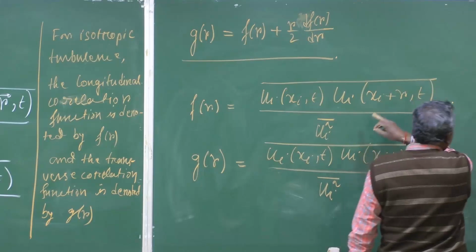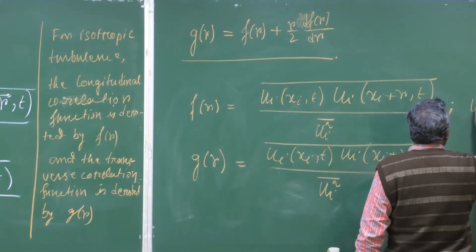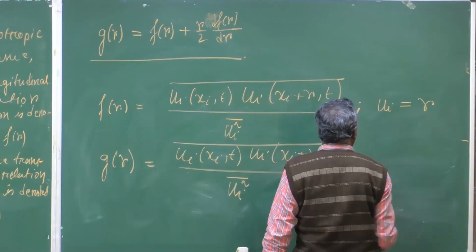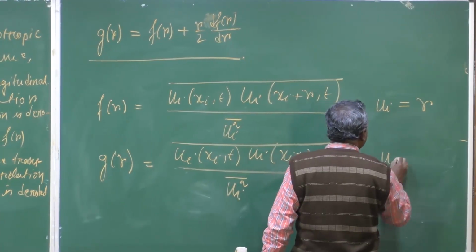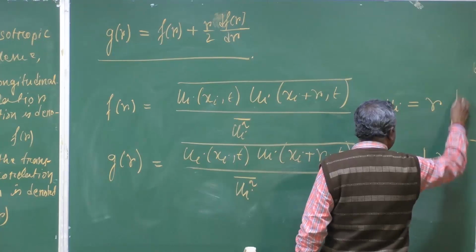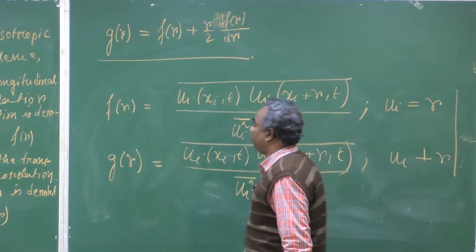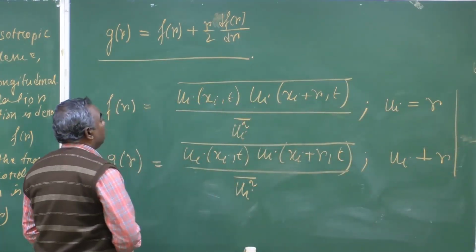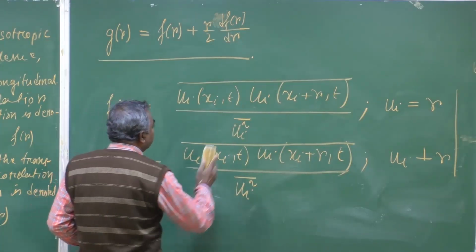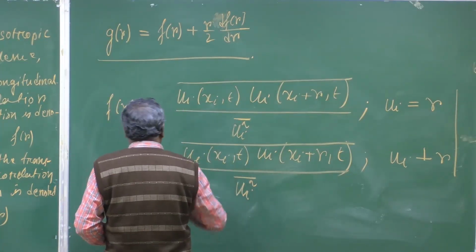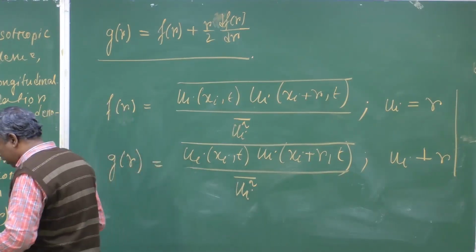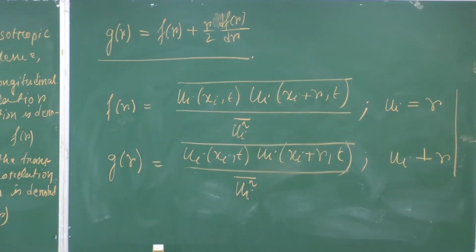So, in this particular case u_i is parallel to r, whereas in this case u_i is perpendicular to r. This is the main point to be noted here. Now, if we draw this correlation function in the case of isotropic turbulence, let us see what we get.